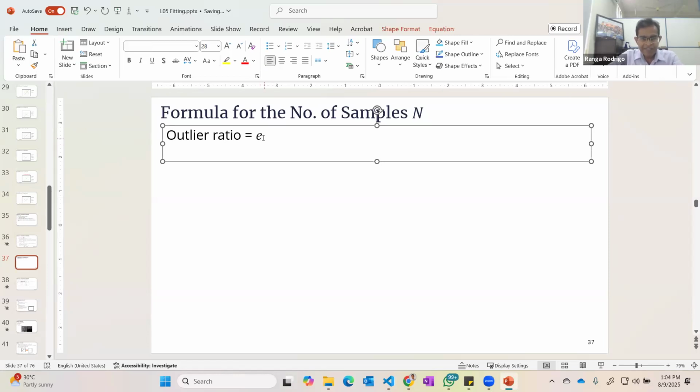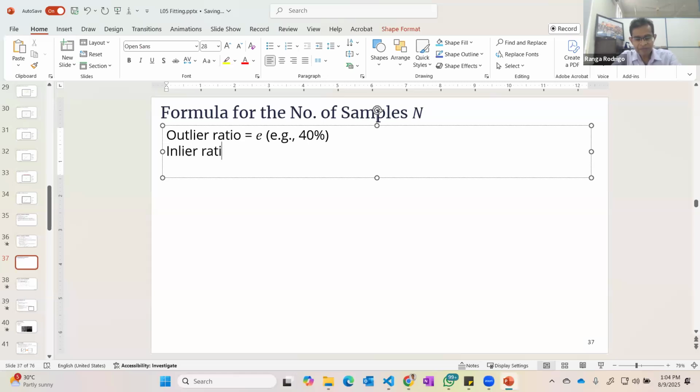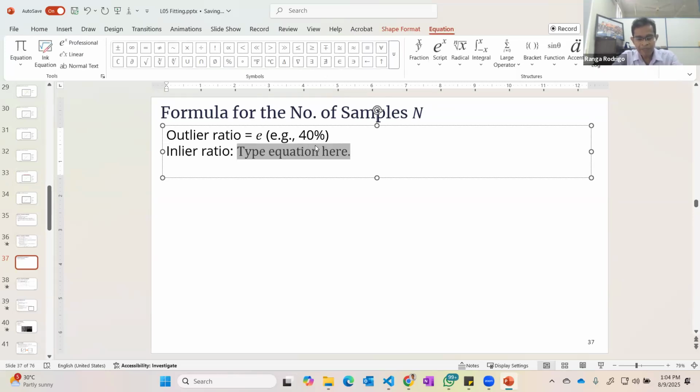If the outlier ratio is, for example, 40%, then the inlier ratio, sorry, inlier ratio is 1 minus e.